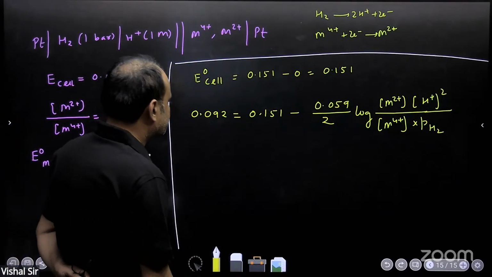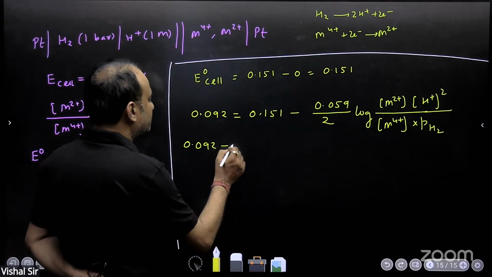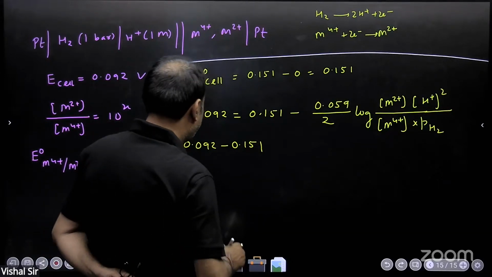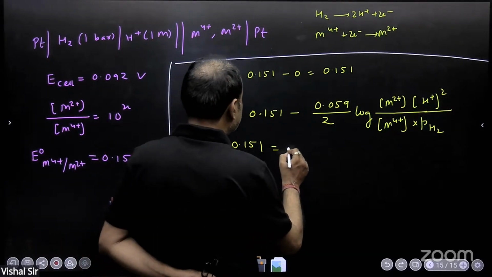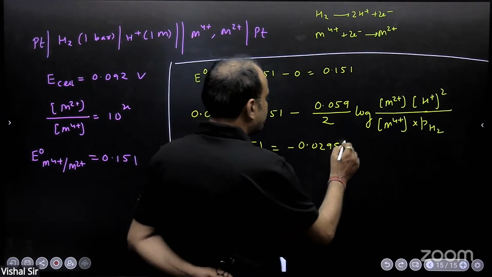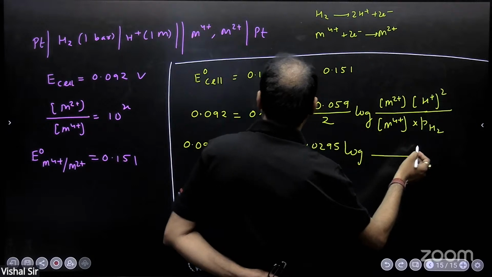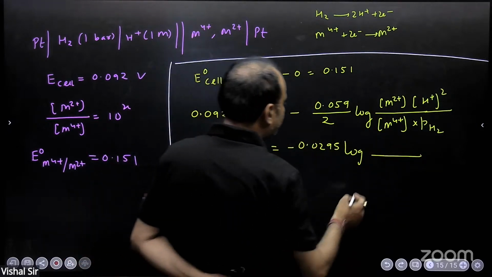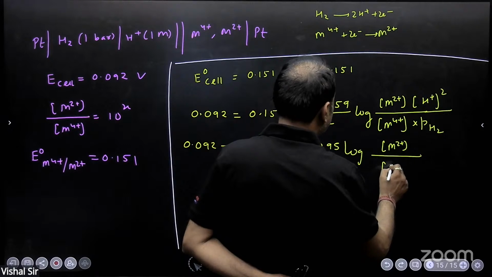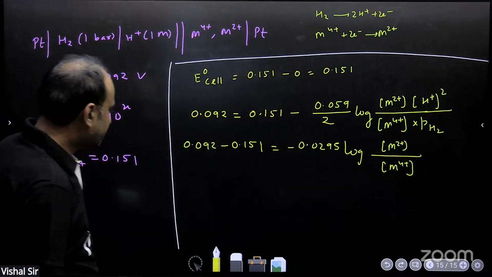Subtracting, 0.092 minus 0.151 is equal to minus 0.0295 log of... H plus and H2, they were given 1. So this will be left, only M4 plus. Clear?